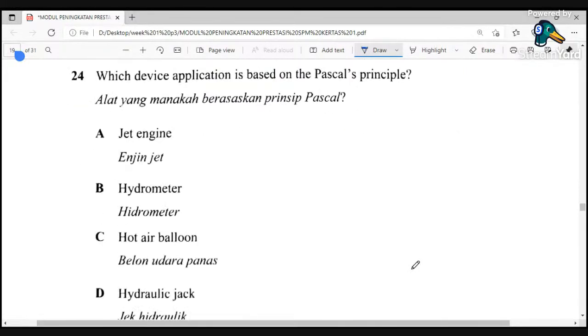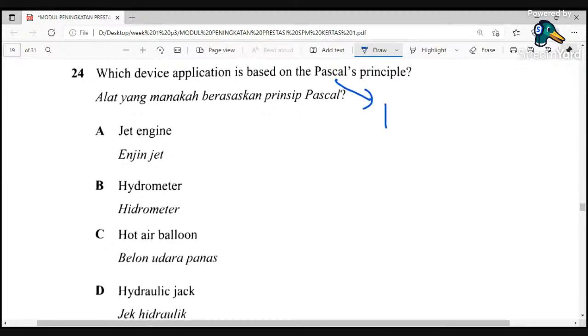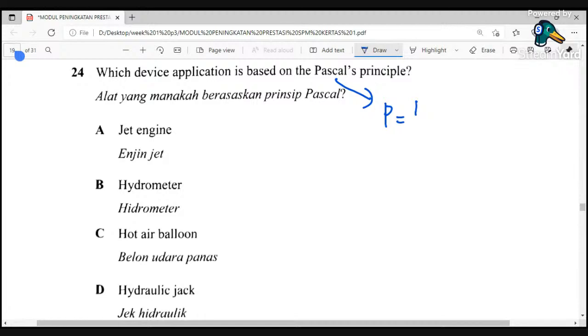Number 24. Which device application is based on Pascal principle? What is stated by Pascal? Pressure transmitted equally throughout liquid. Okay, engine jet. Adakah ini? Ini lebih kepada momentum lah.